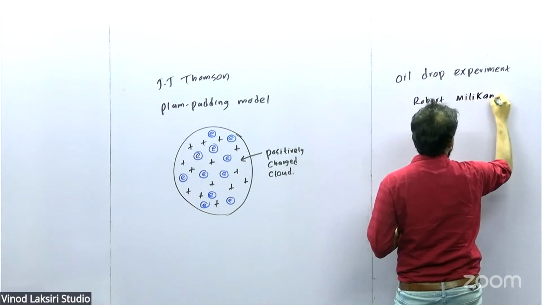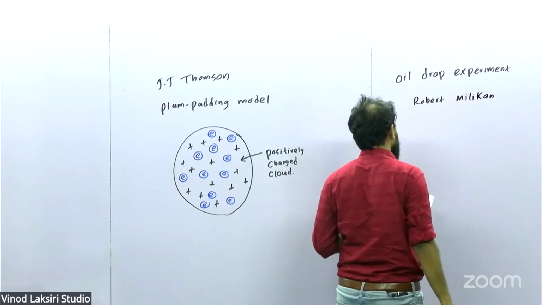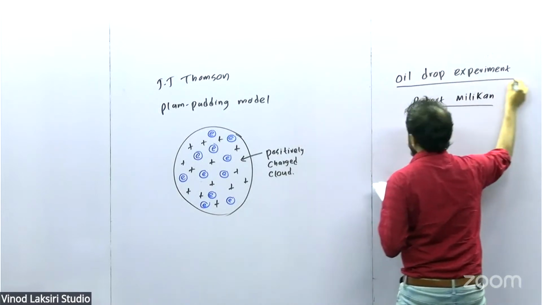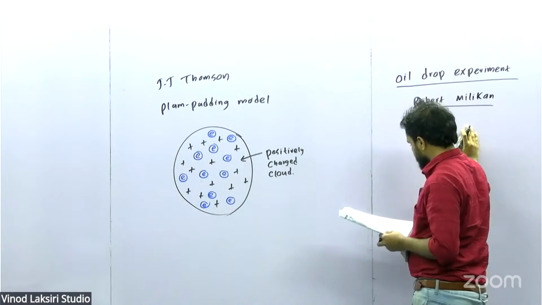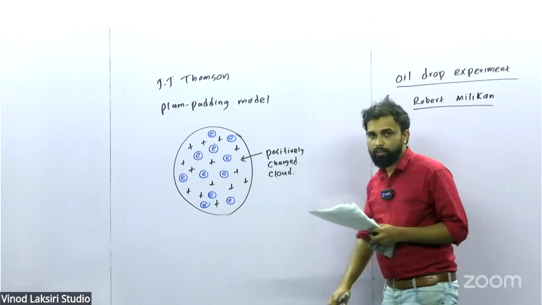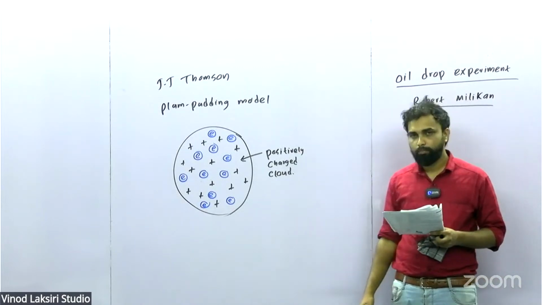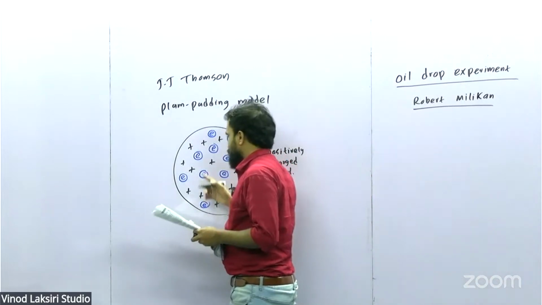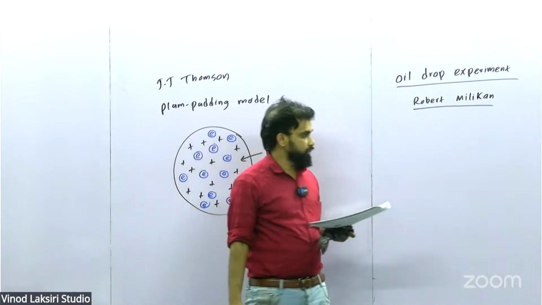So this experiment is not included in the A-level syllabus, right? By using this oil drop experiment, we can determine the charge of a particle. Using it, the charge of the electron was determined.